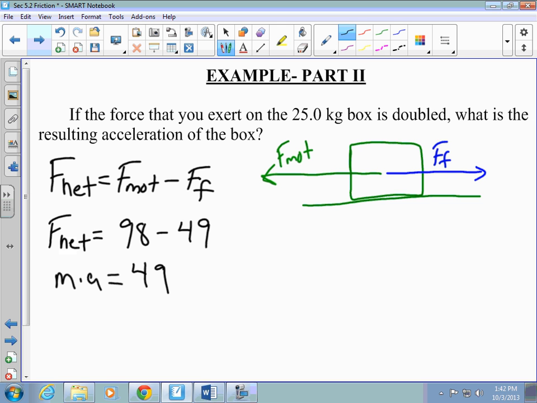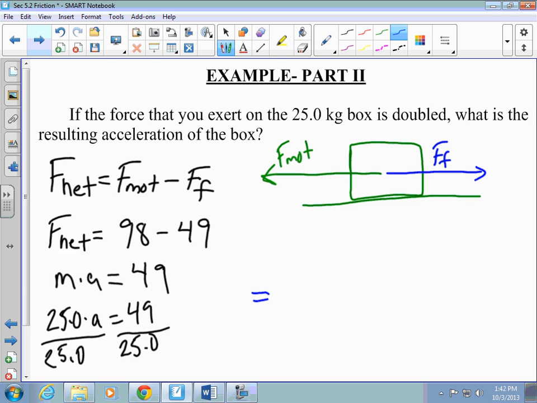Plug in the mass, which is 25 kilograms, times acceleration is equal to 49. Do some quick algebra, divide by 25.0, divide by 25.0. And because the only number given in this problem has 3 sig figs, our answer has 3 sig figs, and our acceleration is 1.96 meters per second squared.